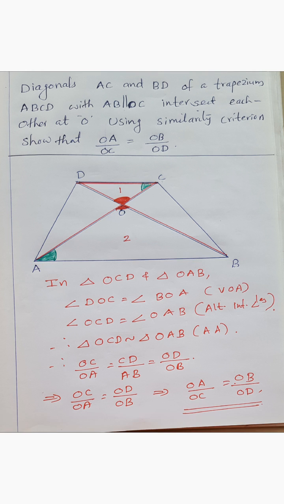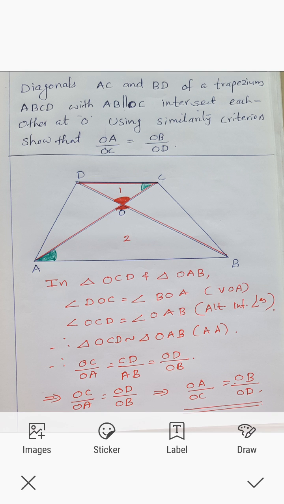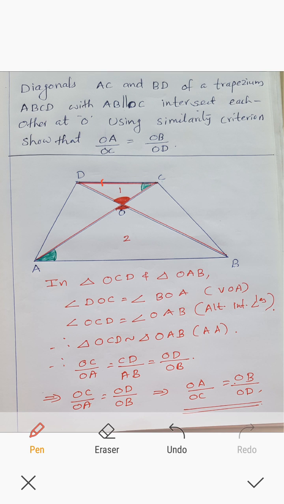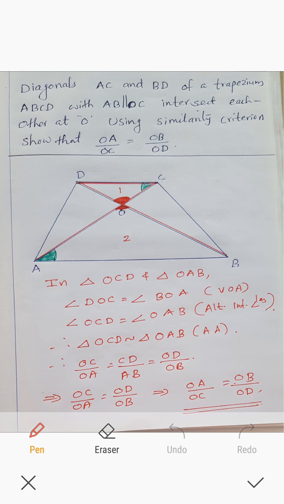The green colored angle is an angle of the smaller triangle, and this green colored angle is an angle of the bigger triangle. Similarly, we can find these two angles also equal, but it is not needed. We need to get only two pairs of angles equal.